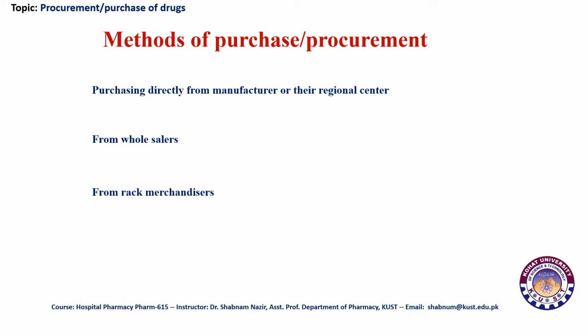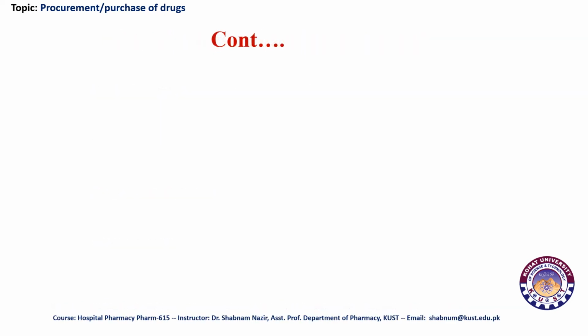Another method is through bidding, which is a sort of auction in which settlement for a suitable price is made through negotiations. So there are various ways of bidding.